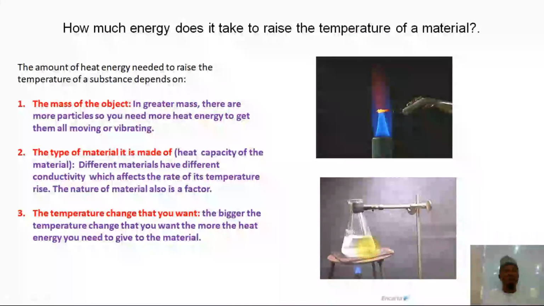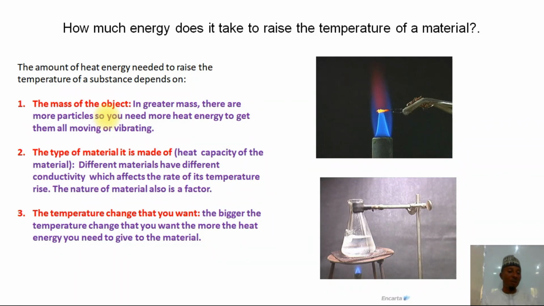How much energy does it take to raise the temperature of a material? The amount of energy needed to raise the temperature depends on three factors. One, the mass of the object. The greater the mass, the more heat energy needed to raise the temperature. The second one is the type of material it is made up of.